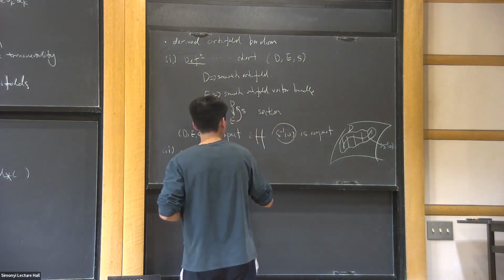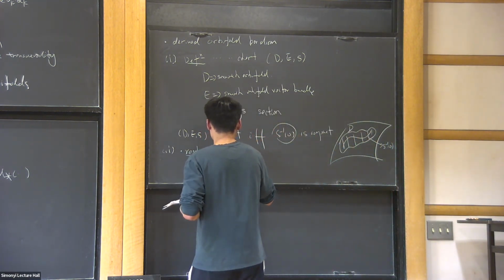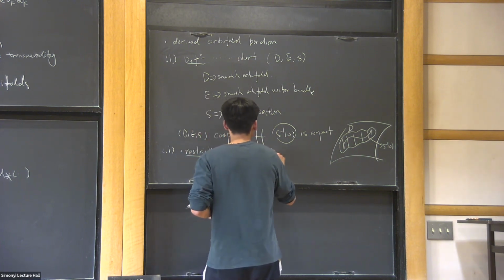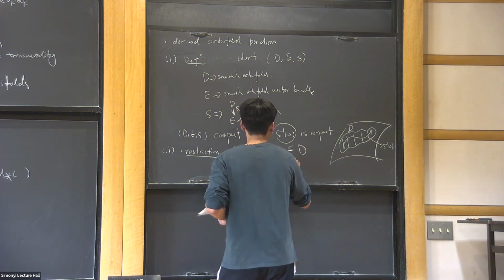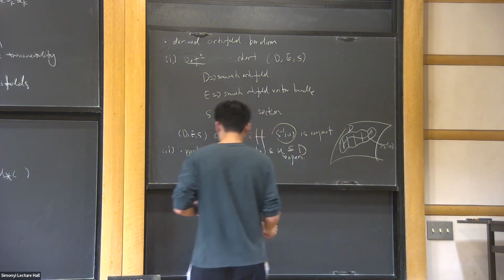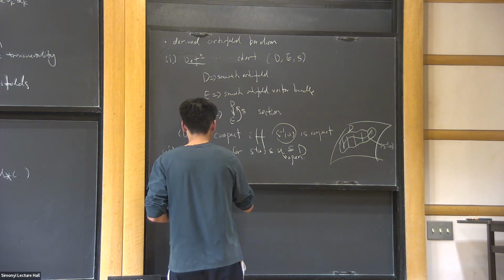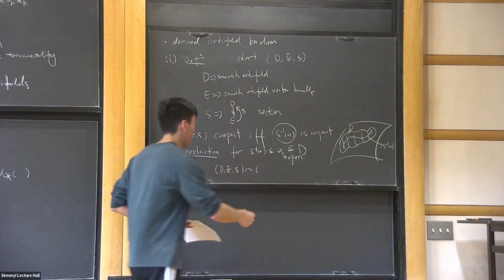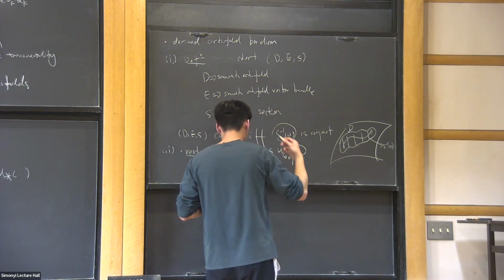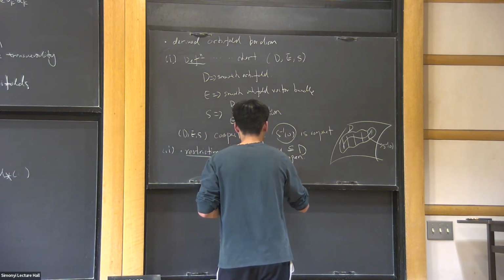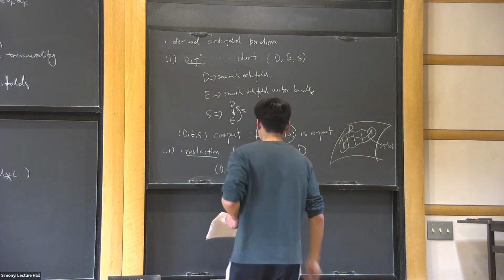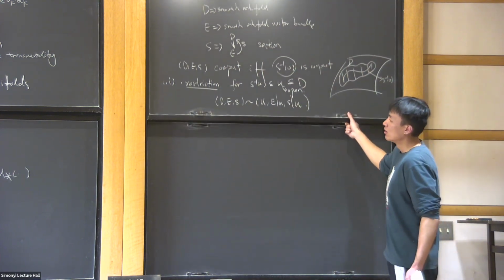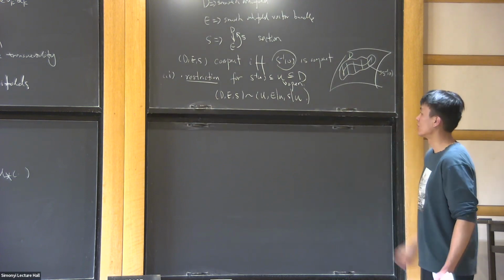So in other words, for an open subset of D containing the zero locus, we declare that this chart is equivalent to the ambient space replaced by this open subset, the vector bundle replaced by the restriction, and the section replaced by the restriction to the corresponding open subset. So that's called restriction.